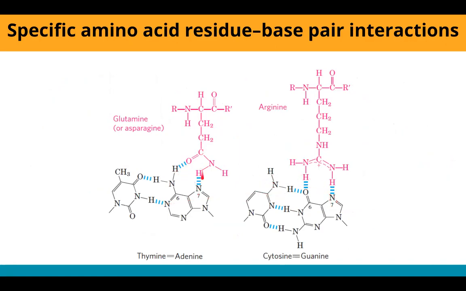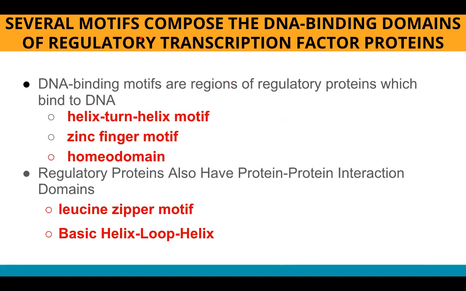Now, several motifs compose the DNA binding domains of regulatory transcription factor proteins. DNA binding motifs are regions of regulatory proteins that bind to DNA. We also have regulatory proteins that have protein-to-protein interactions. This one is DNA to protein. This one is protein to protein.